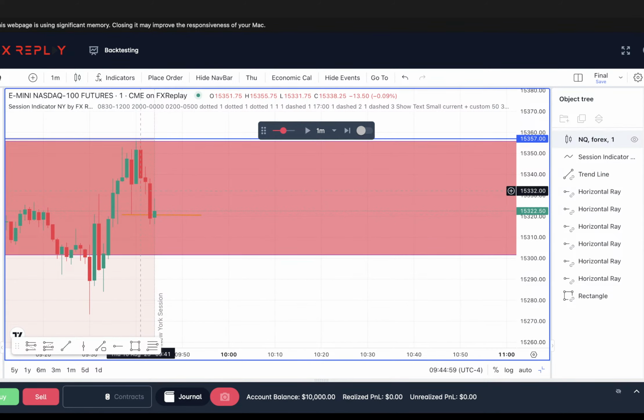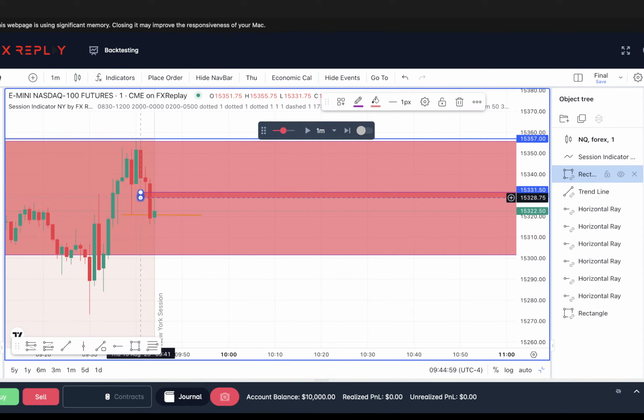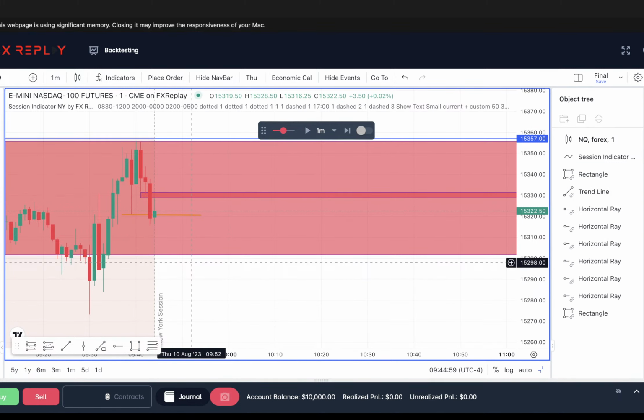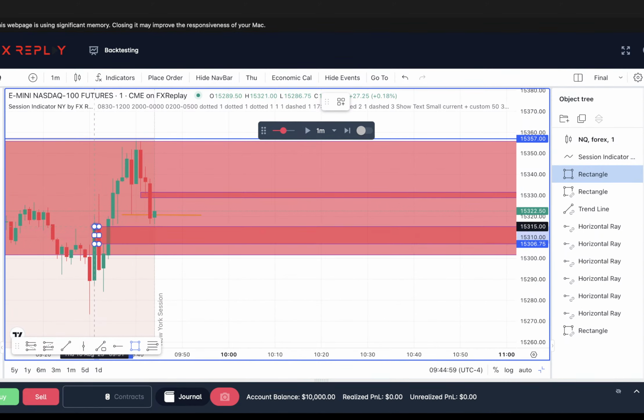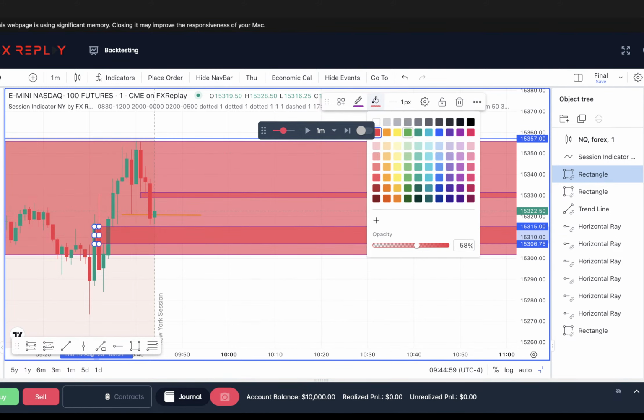We do have a small bearish fair value gap. And then we have a big, no, we don't have a green fair value gap. We have one here, I guess. So it's kind of far down.